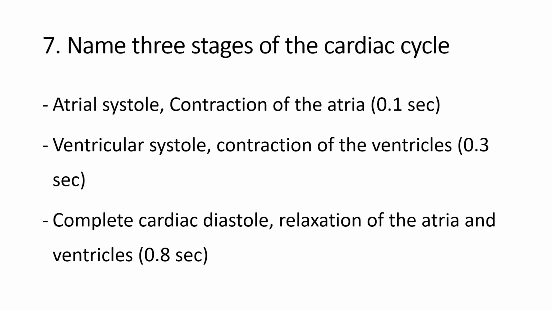Then after the contraction of the ventricle, which is called ventricular systole, all this systole, you must know, has to do with contraction. Then the third stage, complete cardiac diastole. This is the relaxation of the atria and the ventricles.